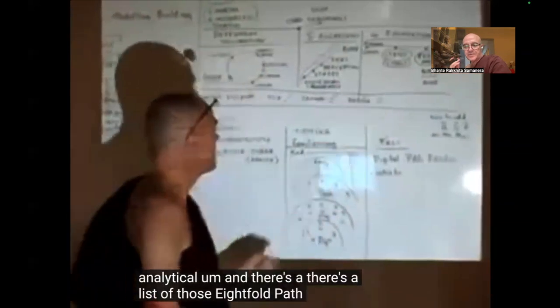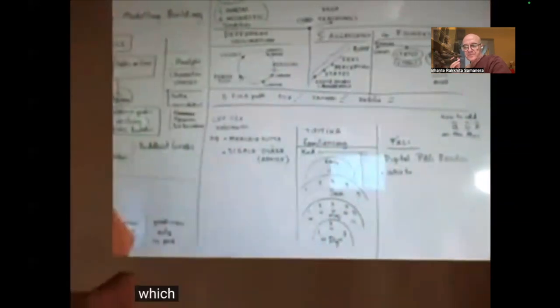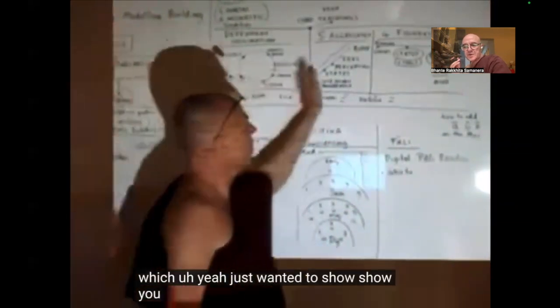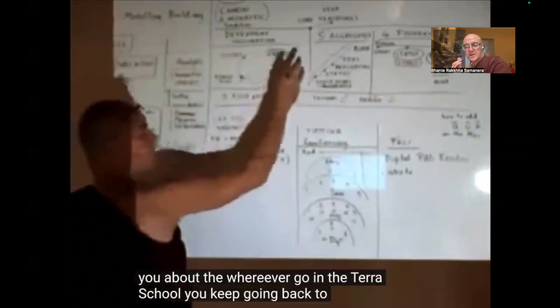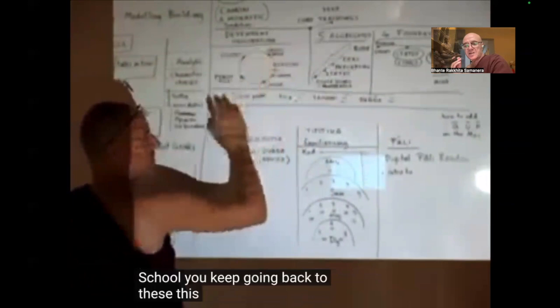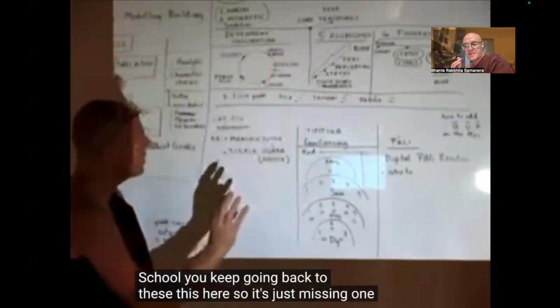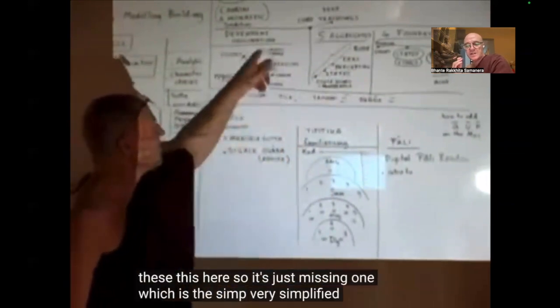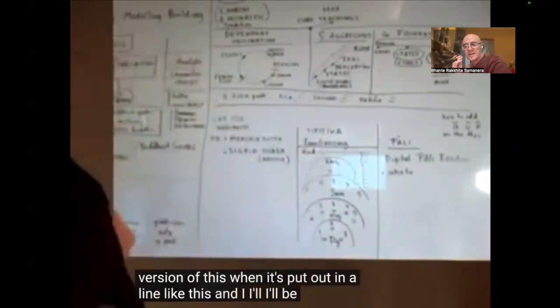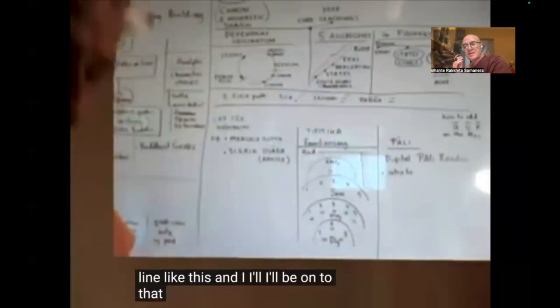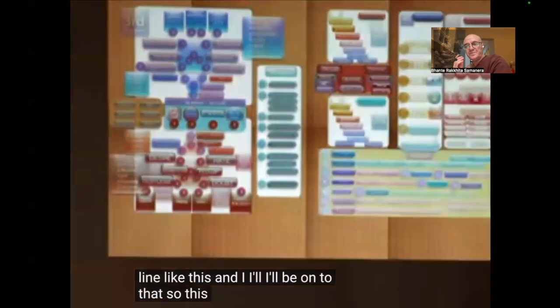The Eightfold Path is in there. Wherever you go in the Theravada school, you keep coming back to these. It's just missing one, the very simplified version of this when it's put out in a line like this, and I'll go into that.